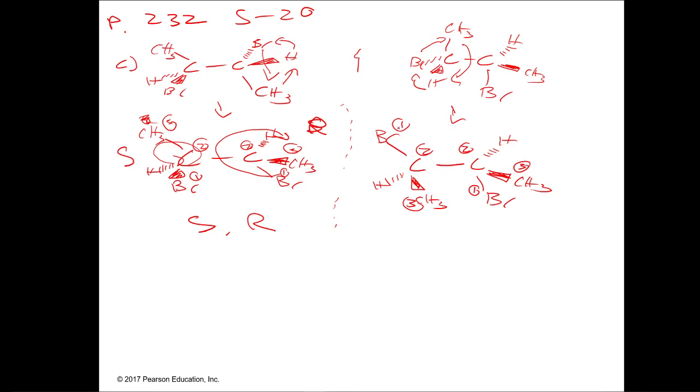This is R. This is 1, 2, 3. This one's also R. Okay. So these SR, RR, these are diastereomers. Okay. So they're not mirror images, but they're not the same compound.